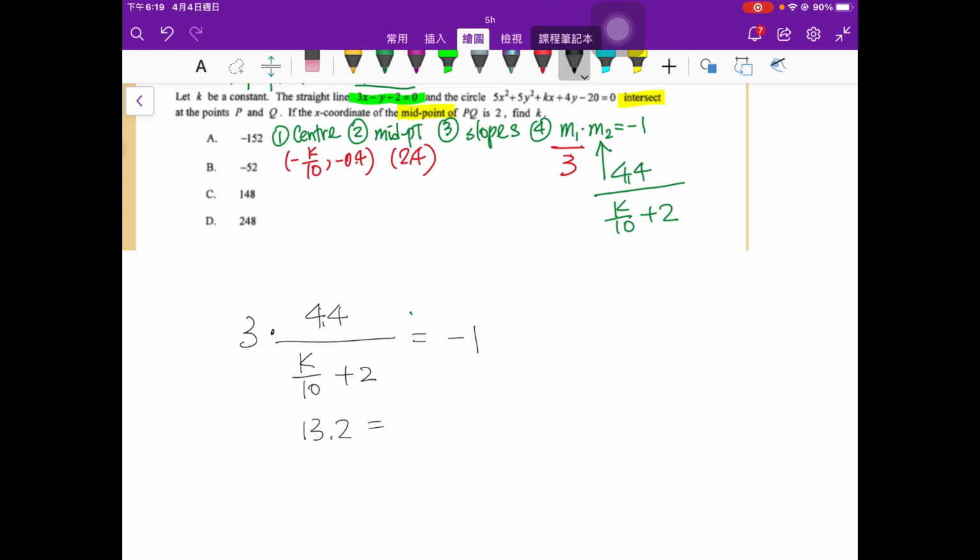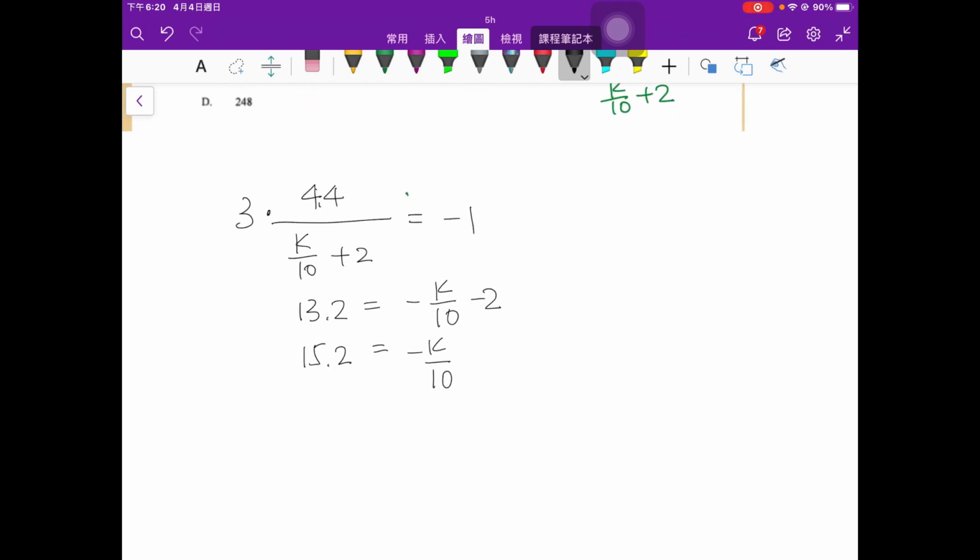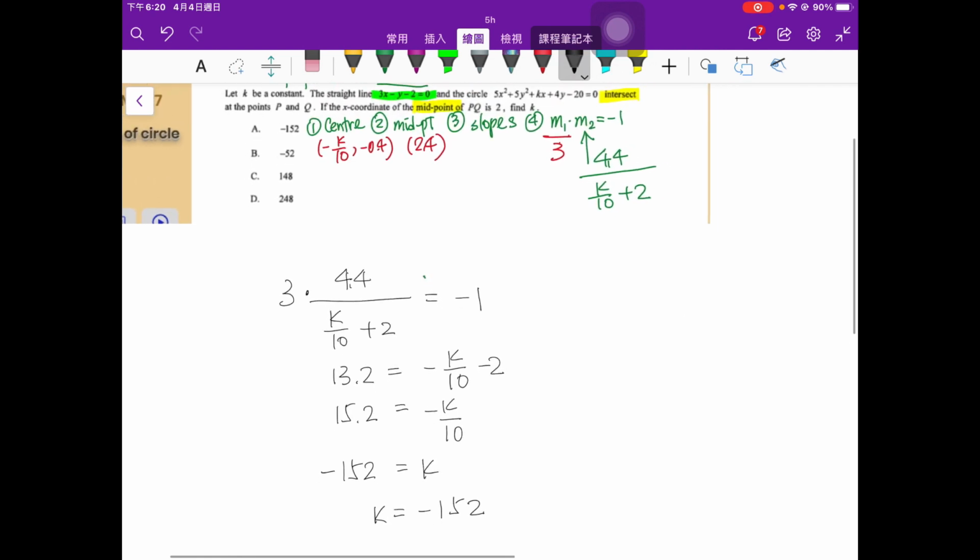This is 13.2 equals, I move the denominator to the right hand side, minus k over 10 minus 2. Minus 2 move to left hand side, this is add 2. 15.2 equals minus k over 10. And then I move the 10 to the left hand side and times 15.2. This is minus 152 equals k. This is k equals minus 152.